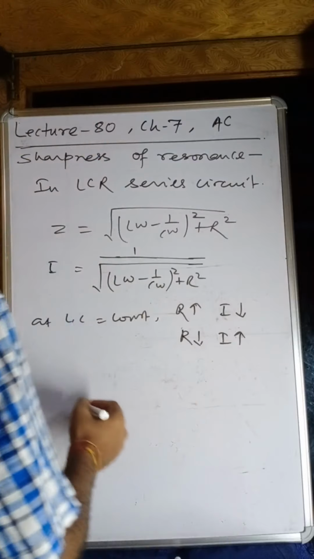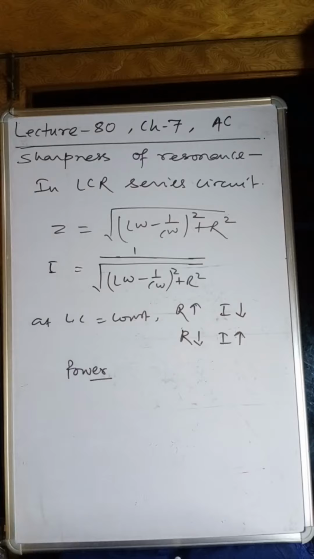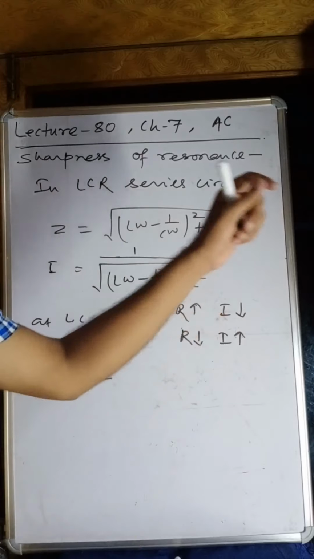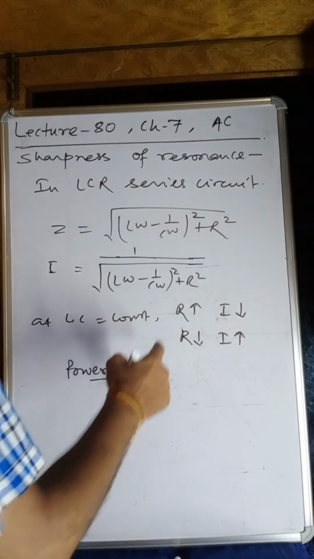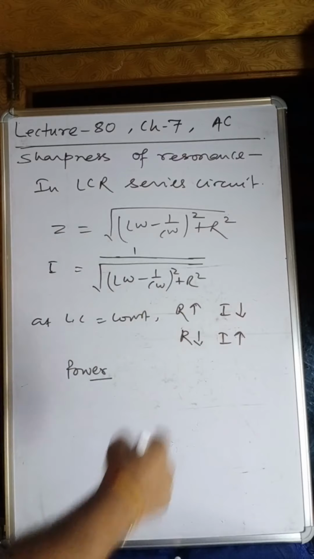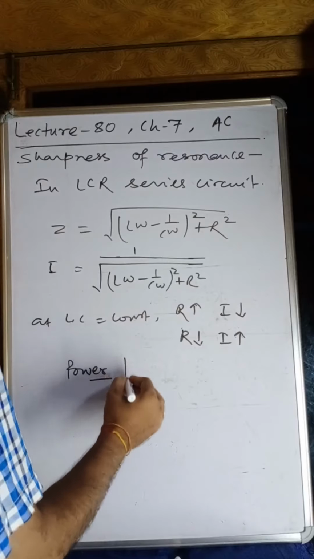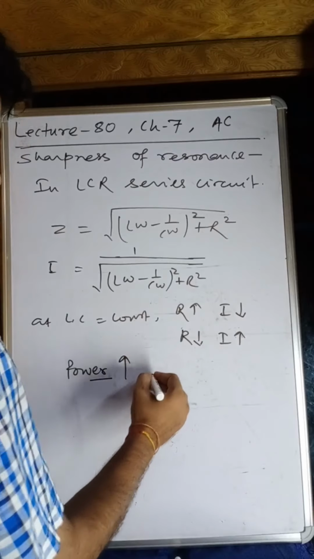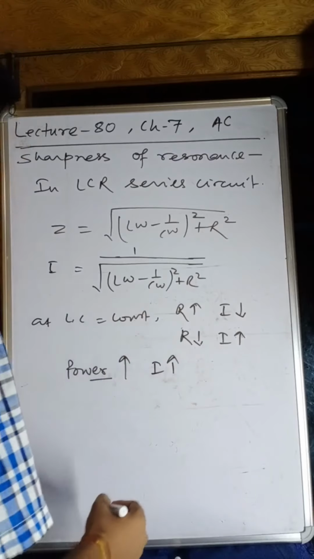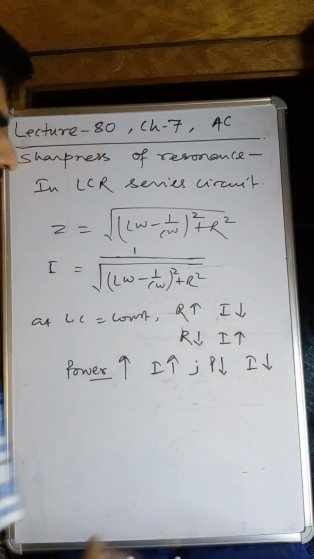And remember, the power of the circuit is directly related to the current. Of course, it depends upon the resistance also, but the current plays the major role because it is I square R. Alright, so the power will increase once you increase the current, and power will decrease if current decreases.